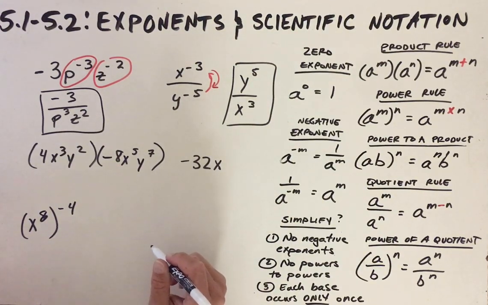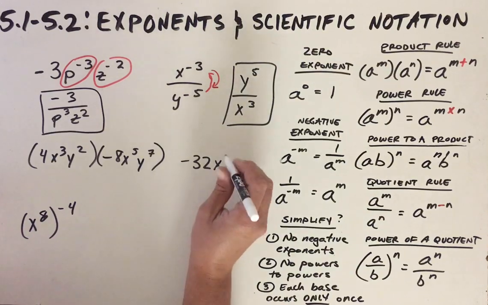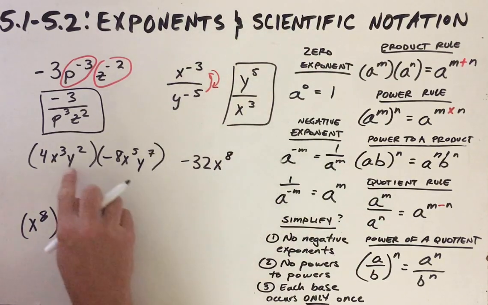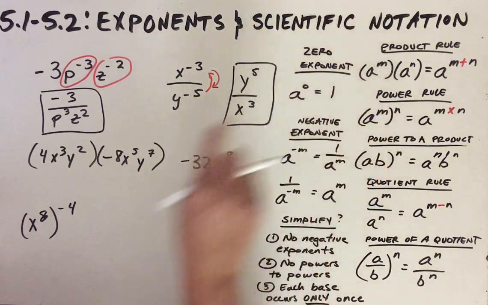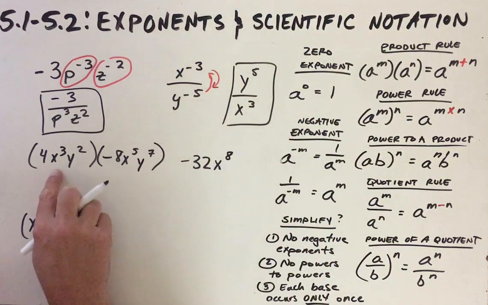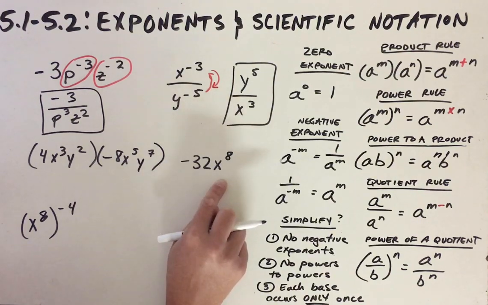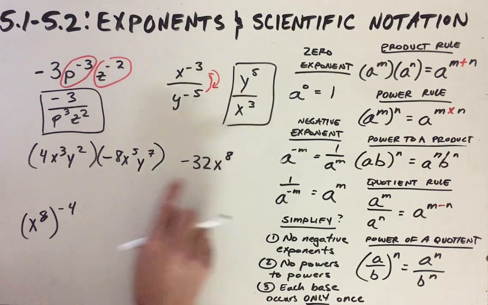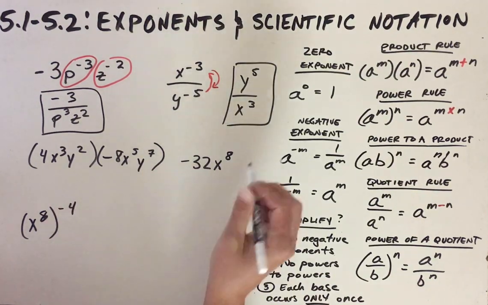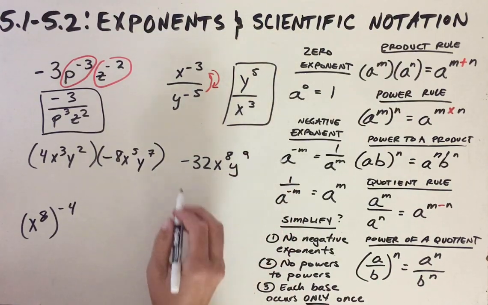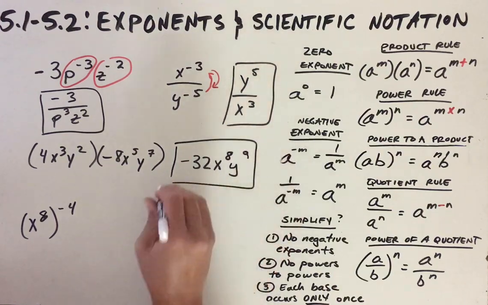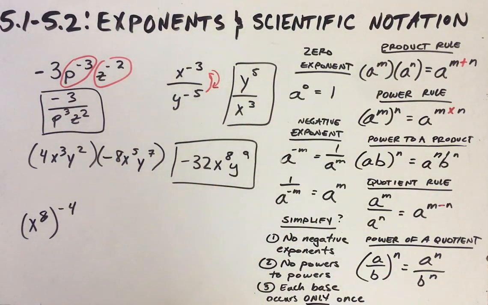Which one is it and why? Well, it's going to give me to the 8th because I'm going to add these exponents because it's all related to multiplication. It's a product. So 3 plus 5, I have 3 here and 5 here for a total of 8. They expand to the same thing. Here I have 2 y's and 7 y's, which is going to give me a total of 9 y's. So that is simplified there.